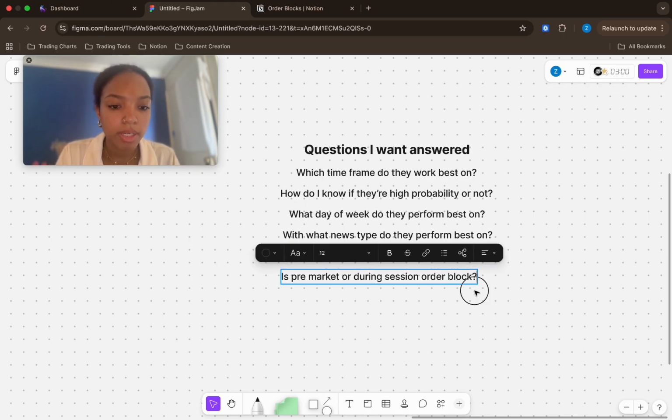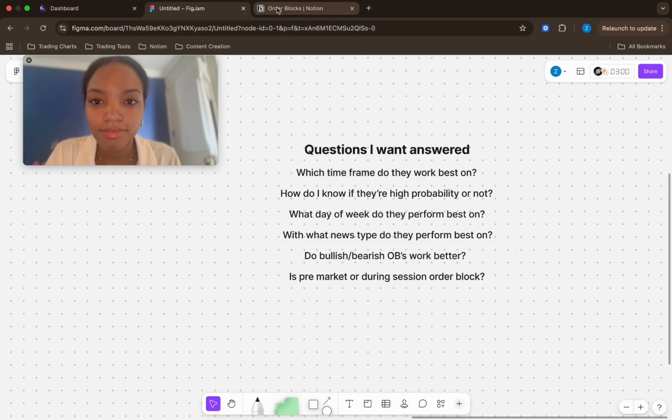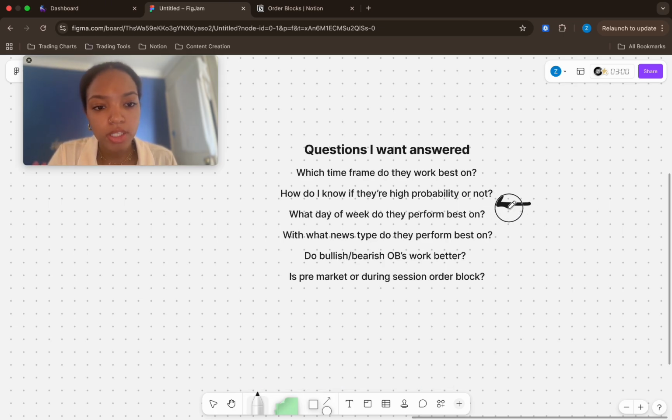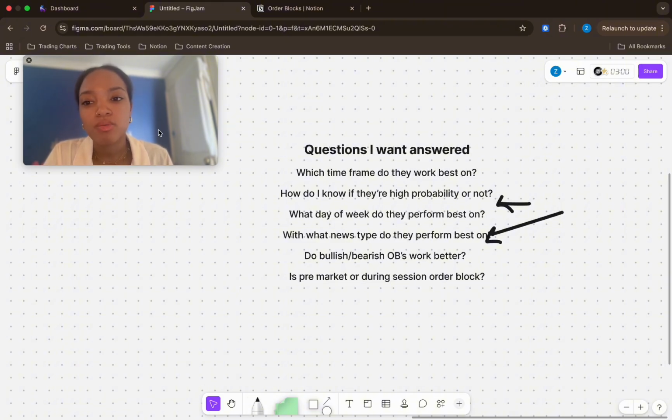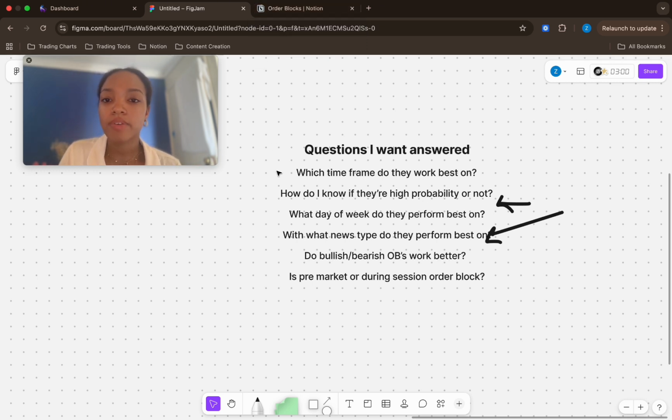This one won't really be applicable to the daily time frame, but this is what I want answered. So this is why I'm doing the days of the week, and the news types, because I want to understand if we have, say, NFP or something, maybe price really doesn't respect them. These tiny things are going to allow me to go into the markets every single day and understand what is going to be the best thing for that day, because obviously it changes every day.